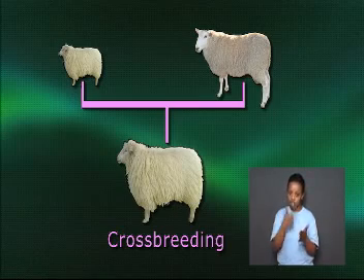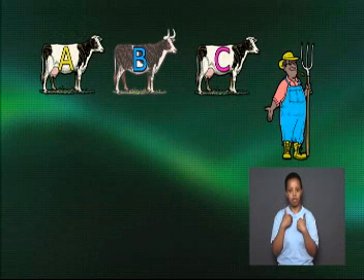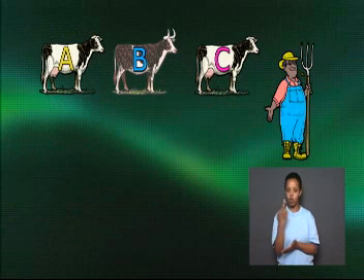as a technique. There are two related reasons why a cattle farmer might crossbreed his livestock. He might wish to combine the desirable qualities of two or more breeds.